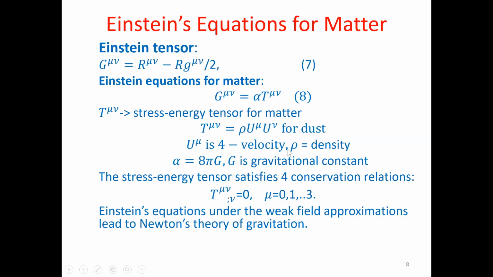Here rho is the matter density and u mu is the 4-velocity here. This is for dust, and alpha is proportional to the gravitational constant G. The stress energy tensor T satisfies 4 conservation relations of this form, and Einstein's equations under the weak field approximations lead to Newton's theory of gravitation.